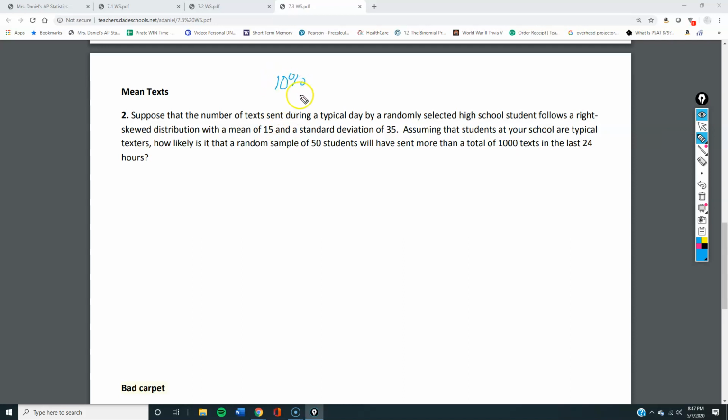Is 50 students less than 10% of a large high school's population? Yes. Is it normal? Yes. The sample size of 50 is greater than 30. Is it a random sample? Yes.